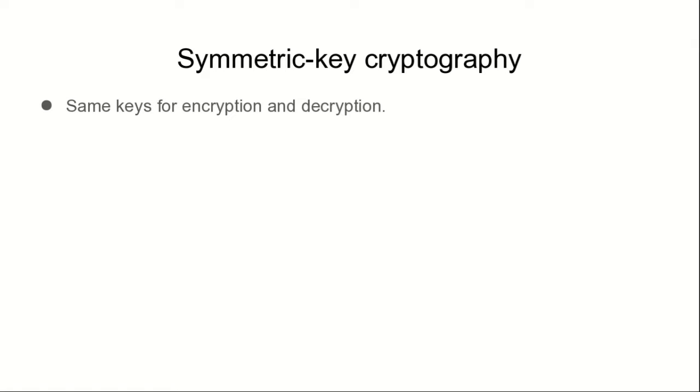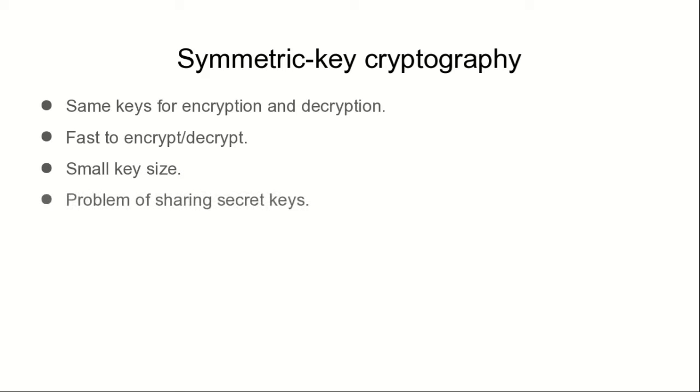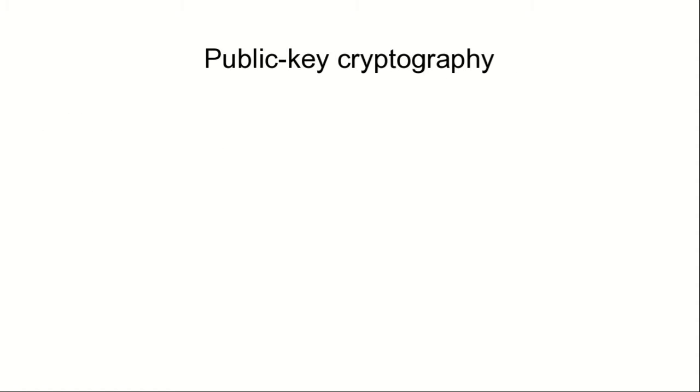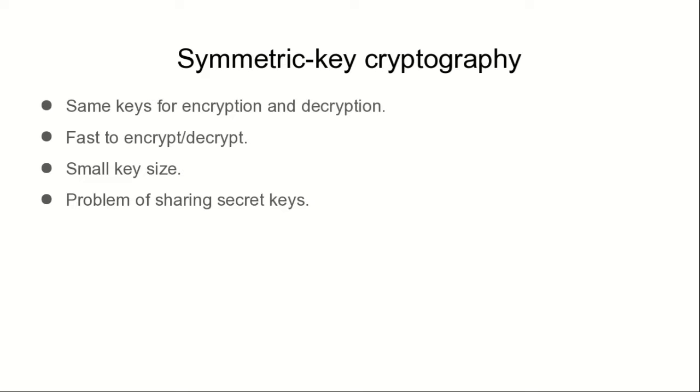It is very common from the beginning of cryptography. It's fast to encrypt and decrypt. It also has a small key size compared to public key, but it has a serious problem because it uses the same key. The key must be shared before any encryption. But if two persons never meet each other, how can they use a symmetric key algorithm to communicate securely?